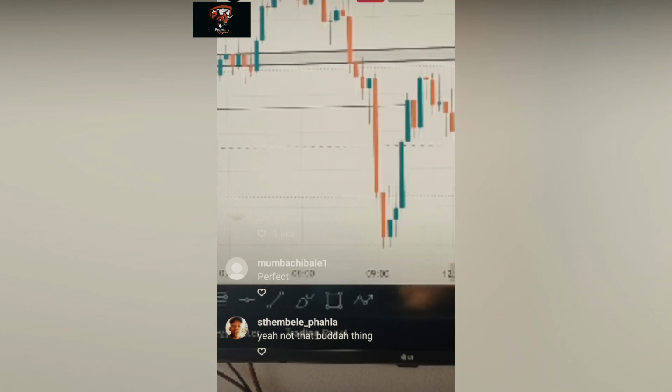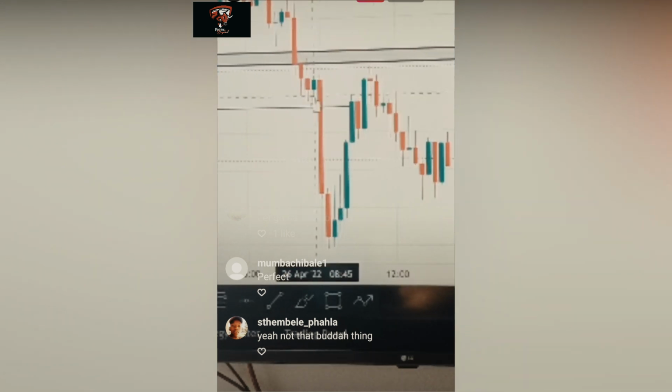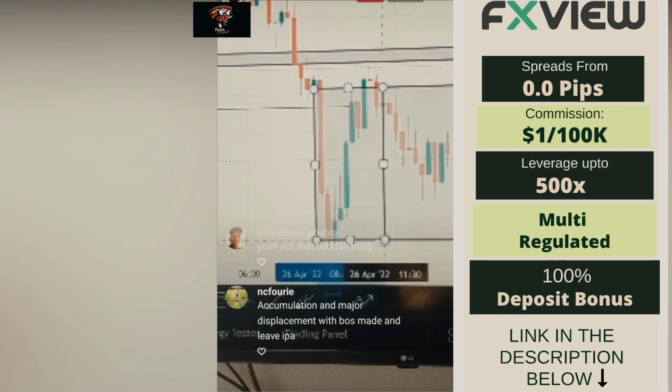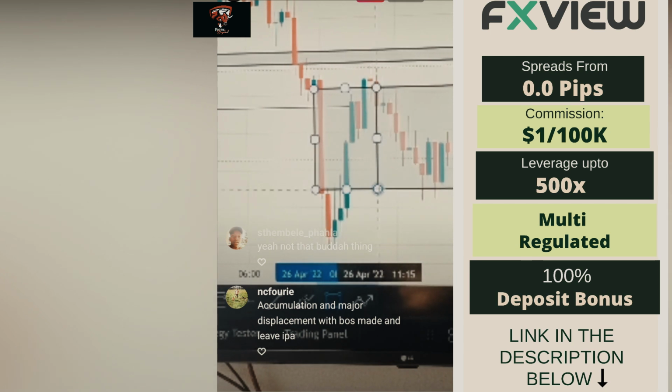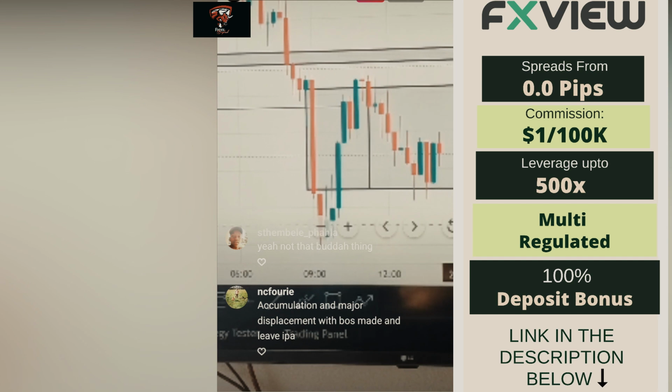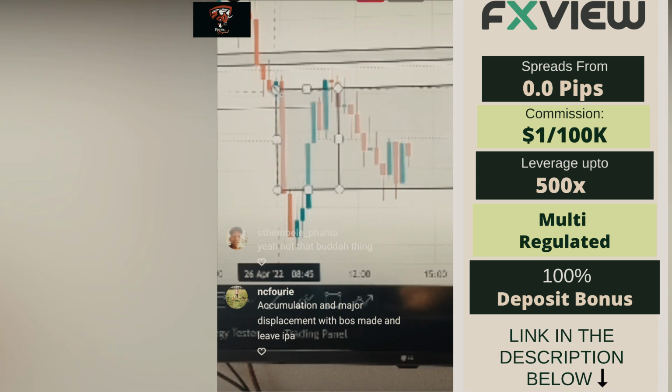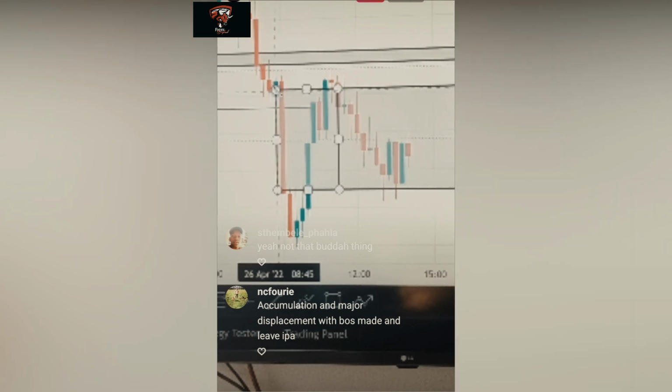Regardless of whether this was an order block or not, price would return to this level either way, because there was an imbalance sitting here regardless. But now we see that price didn't respect this order block.